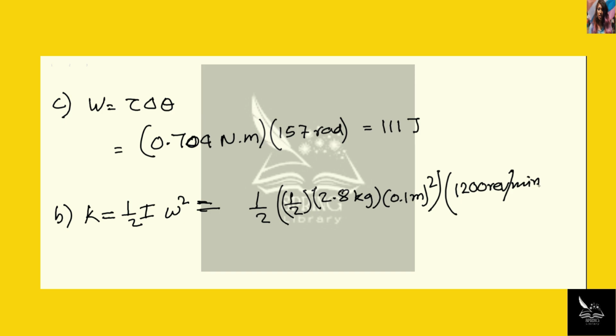We convert that to radians per second. So that's going to be pi radians per second divided by 30 rev per minute, and then we put a square altogether.